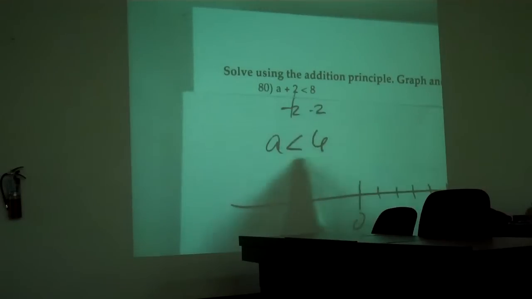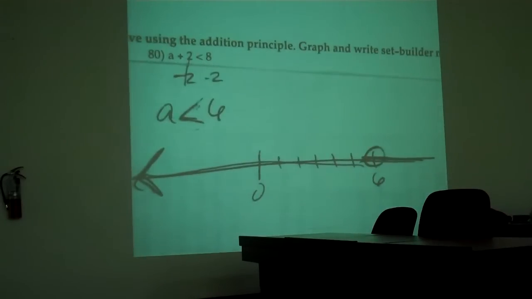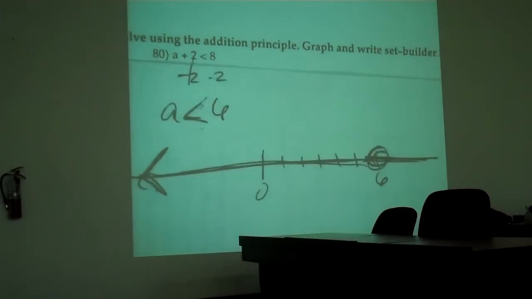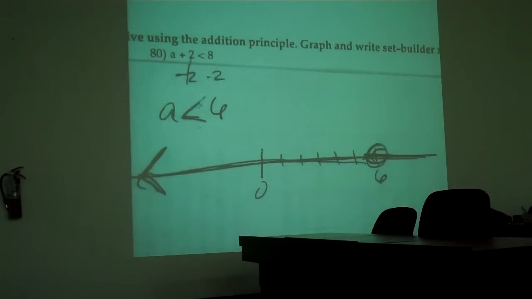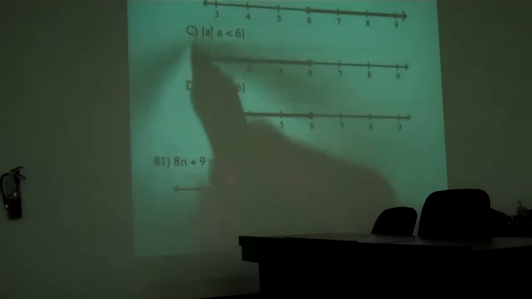Is it equal? Open. You don't put a dot if it's not equal. It's open, and then it goes to the left. Okay. So it's open to the left. So that would have been C.